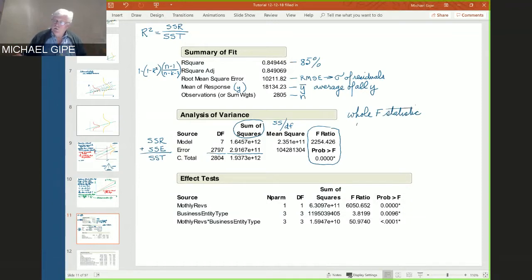And so it's essentially this F value, in case you ever wondered where it came from. It's not a count of standard errors like t is. It is essentially the ratio of the mean sum of the squares of the model divided by the mean of the squared sum of the errors.